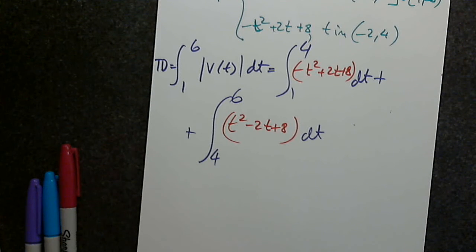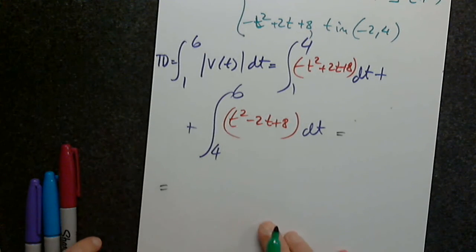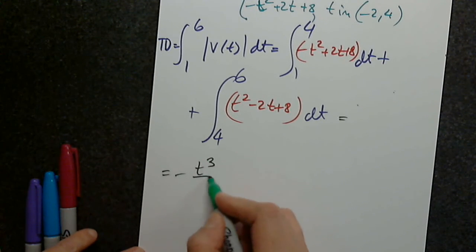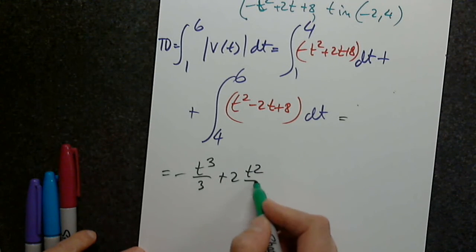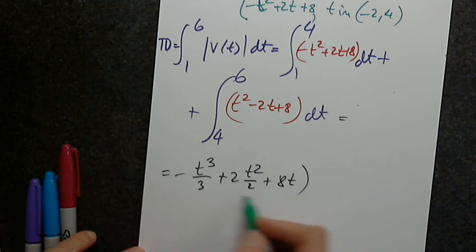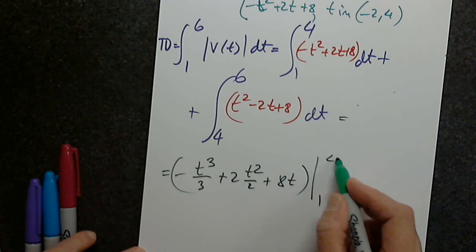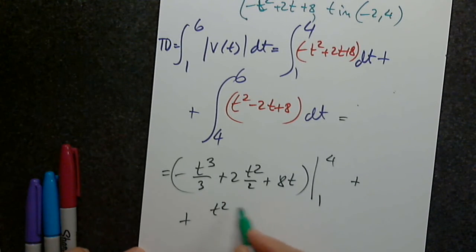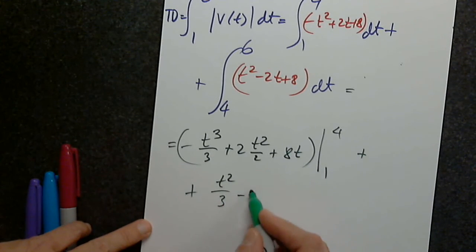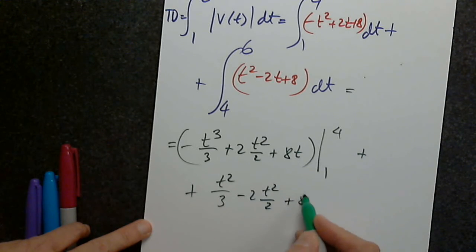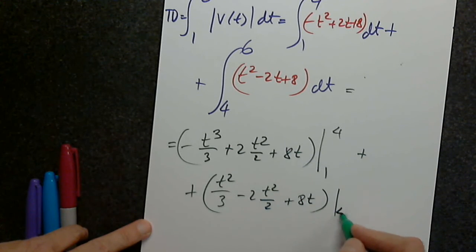Ready? So then negative t cubed over 3 plus 2t squared over 2 plus 8t from 1 to 4 plus, same thing, but signs are changed, t cubed over 3 minus 2t squared over 2 minus 8t from 4 to 6.